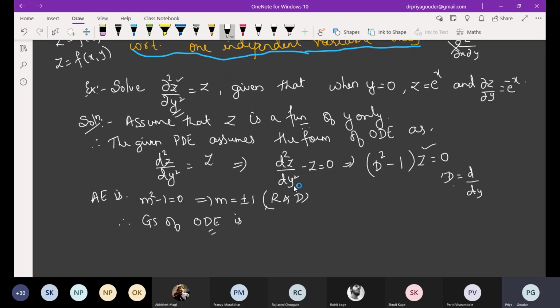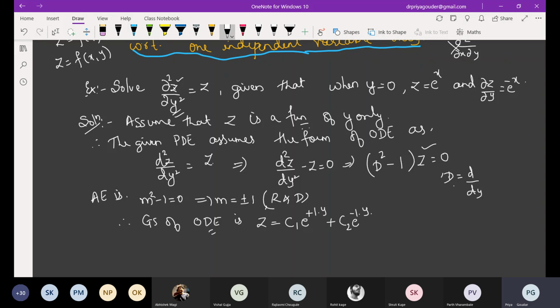See, all these previous steps you will come to know. Z equals, so dependent variable z as a function of y means C1 e raised to x, since the roots are real and distinct, plus C2 e raised to minus 1 into 1, minus y.